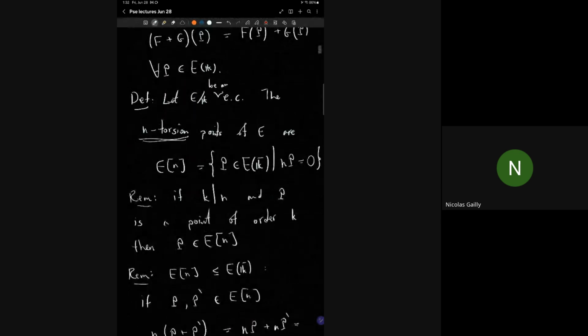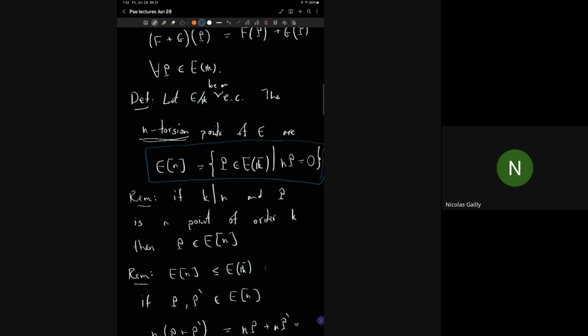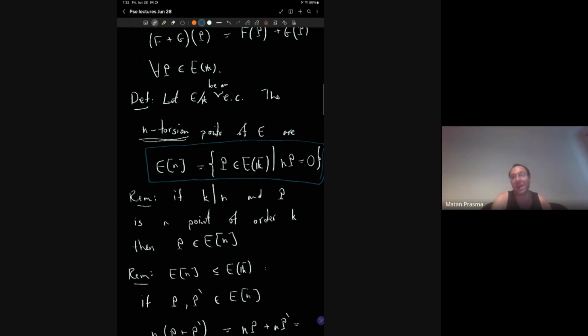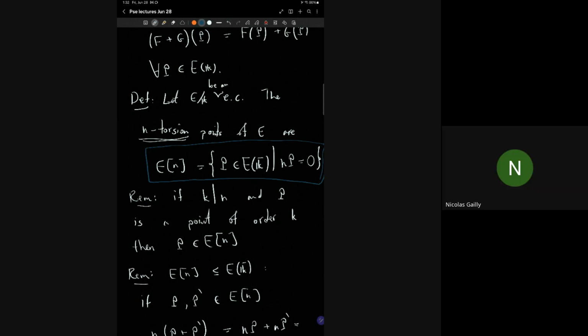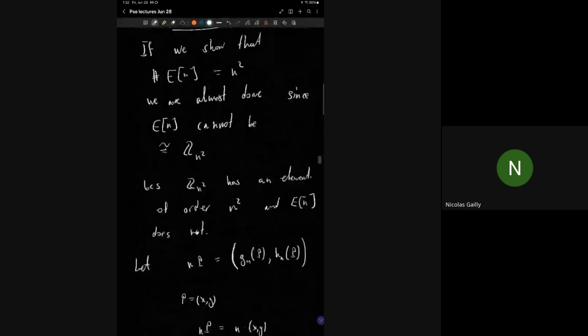En is the collection of all points in the algebraic closure such that if I multiply them by n, I get 0. I know that there is only one case in which 1 times P is equal to 0, when P equals 0. Okay, sounds good. Thank you.